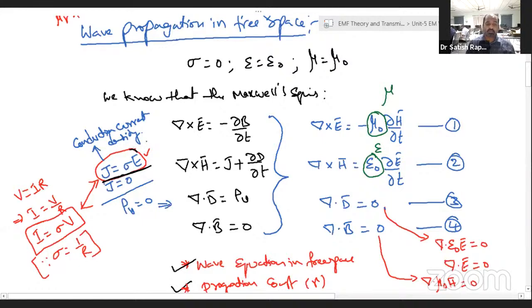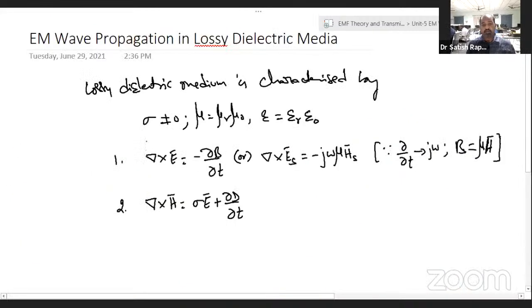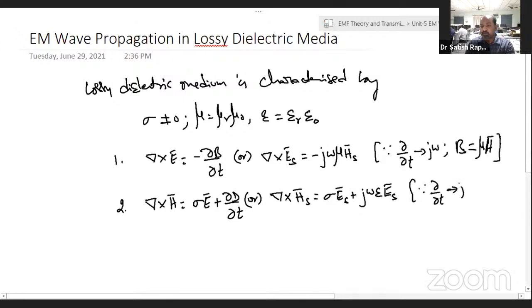So del cross Hs bar is equal to sigma Es bar plus j omega epsilon Es bar, since dou by dou t is j omega and D is equal to epsilon E bar.